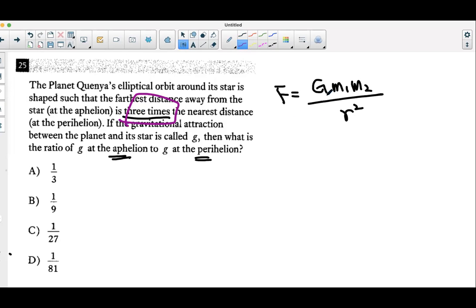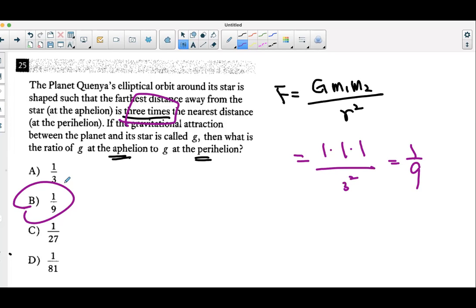You can keep things that are not changing as a constant. Whatever is changing, I want you to put that ratio into that expression. So what we end up getting is this: G doesn't change, M1 doesn't change, M2 doesn't change, but R changes to 3, so 3 squared. What is that equal to? 1 over 9. So the answer is 1 over 9. Simple. That's what you can do and get the answers done right away.